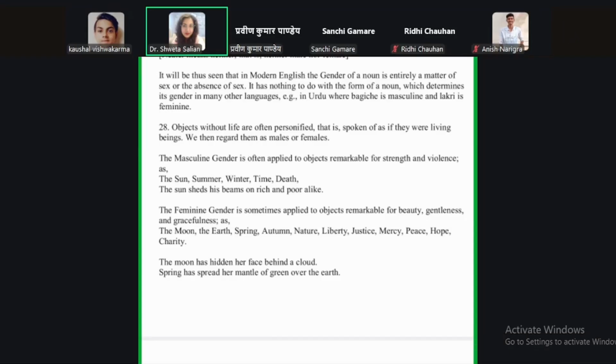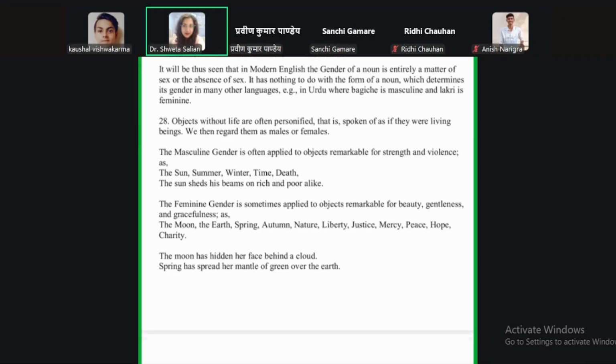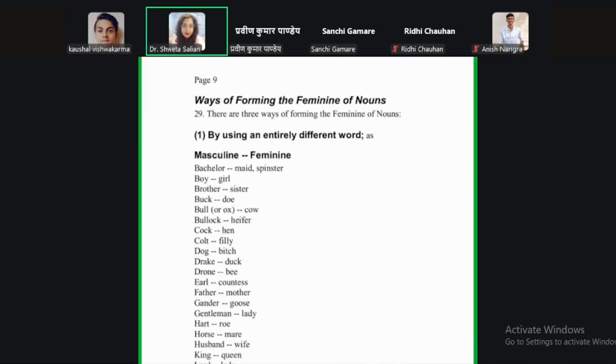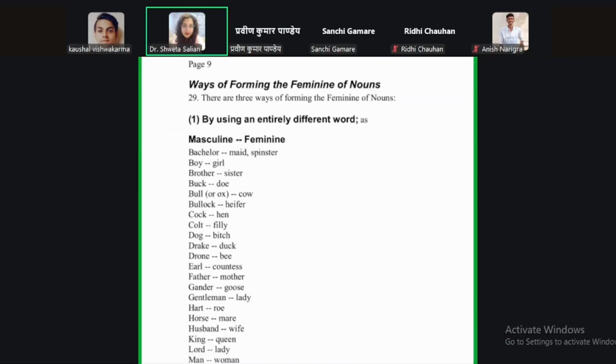For example, the sun sheds his beams on rich and poor, and the moon has hidden her face behind a cloud. Spring has spread her mantle. So the stronger ones are masculine and the gentler ones are feminine.